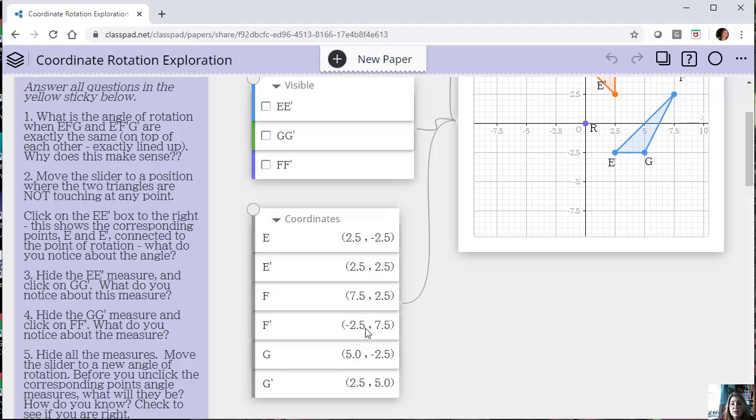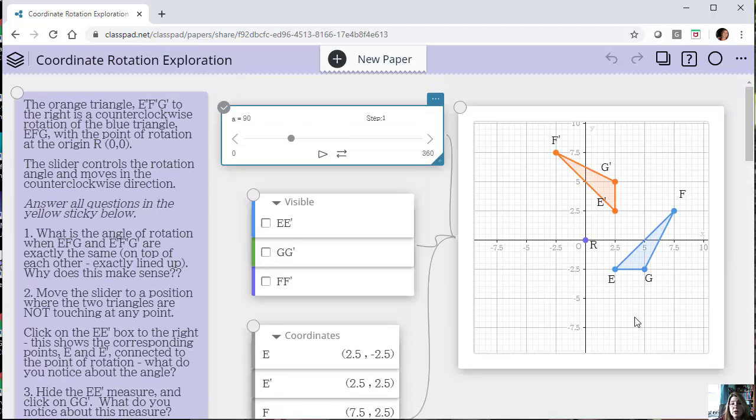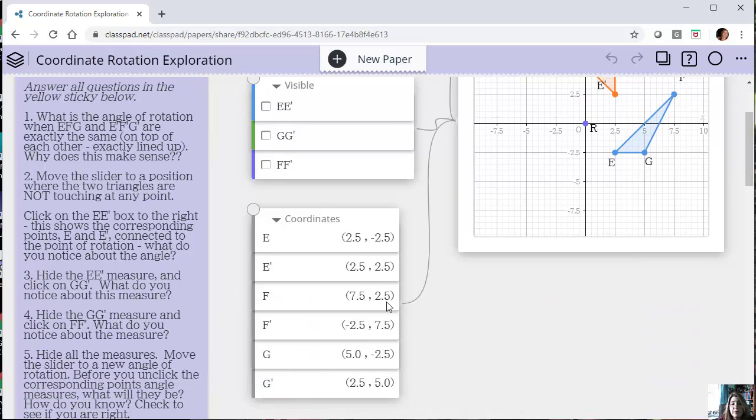Over here, interestingly, my F and my F prime, because they're in different quadrants, have switched locations. My y and my x have switched here, and over here they've not only switched, but one became the inverse.